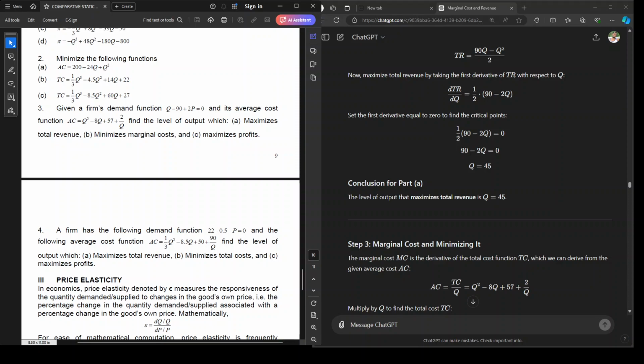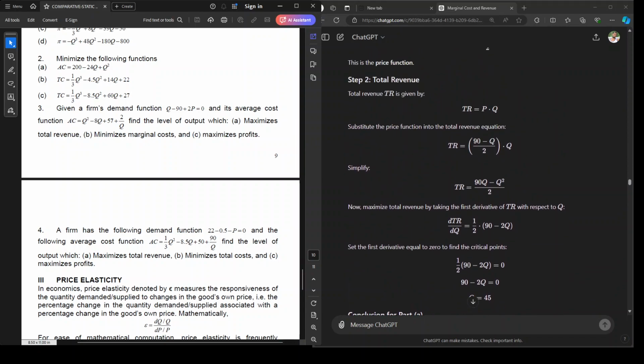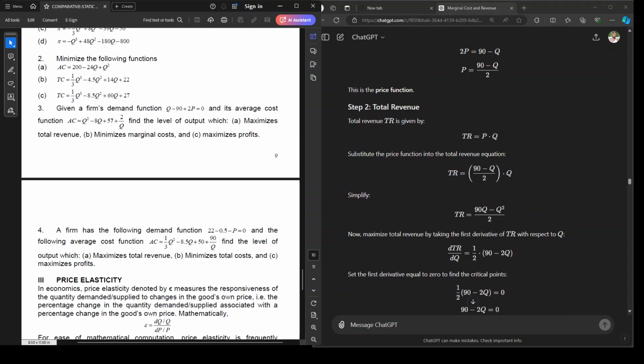I wanted to do it at once. I don't know if you are getting the whole point. We have this equation, which is our P times Q to get the revenue. So we have this whole equation. They have extracted this half outside and they have maintained this inside.